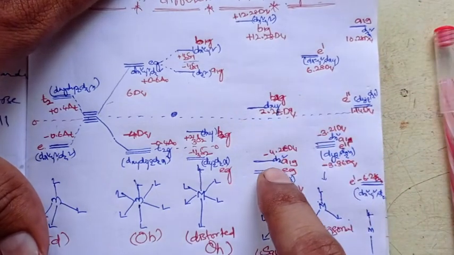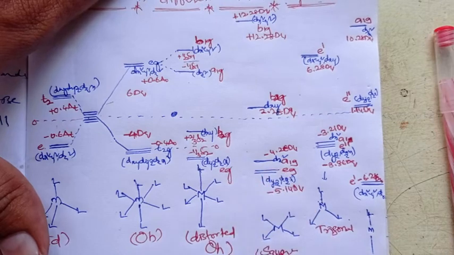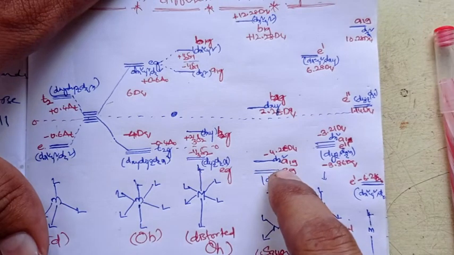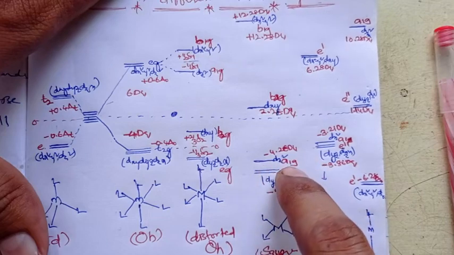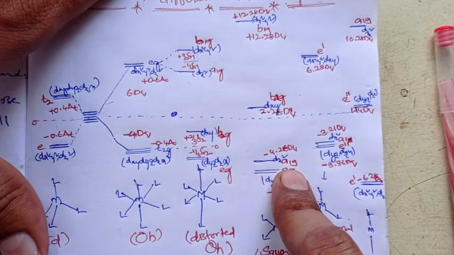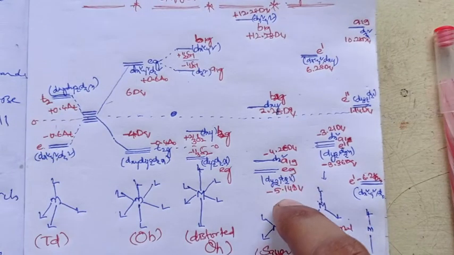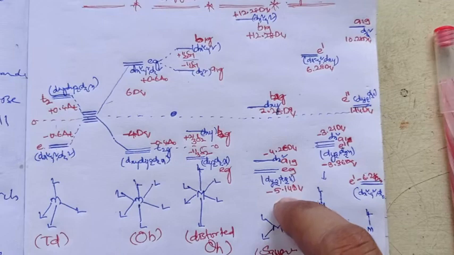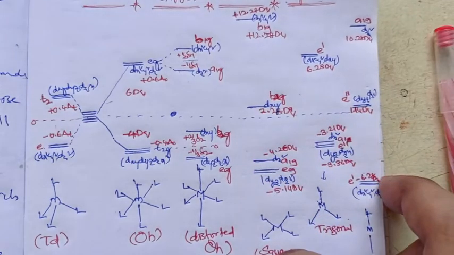Then the dz square orbital lowers its energy since it has no interaction with ligand sites, reaching minus 4.28 Dq, represented as A1g. The left two, dyz and dzx orbitals, reach the lowest energy state, represented with Eg, that is minus 5.14 Dq. This is the splitting pattern in square planar complexes.